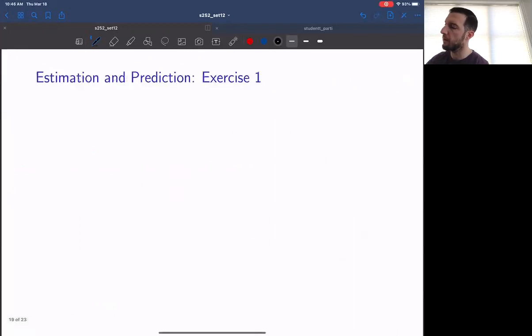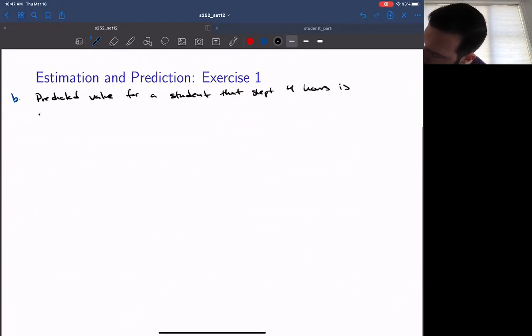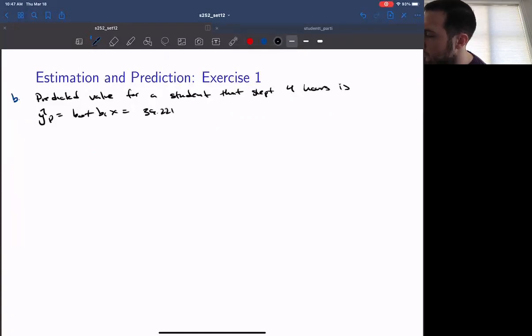All right. Now in part B, we're going to compute the prediction interval. Okay, so the predicted value for a student that slept 4 hours is y hat p equals b0 plus b1x, which again is going to be 39.221 plus 5.902 times 4, which is 62.83.